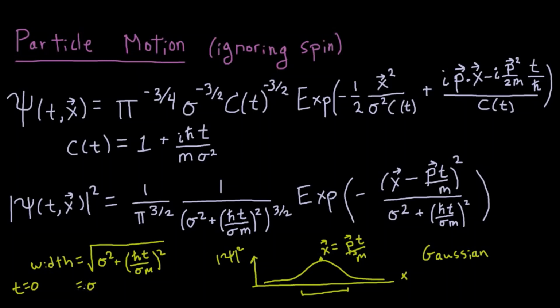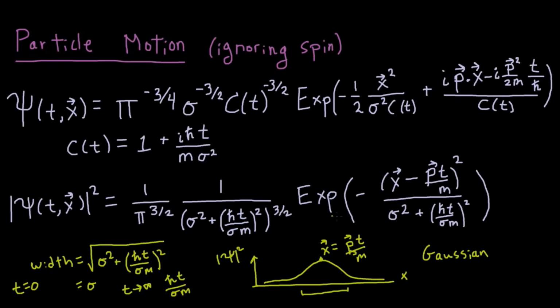That's what I meant when I said sigma is the initial width, the initial uncertainty of the position of the particle. Furthermore, as t goes to infinity, the width becomes just h bar times t over sigma times m. Just something I thought I'd mention.